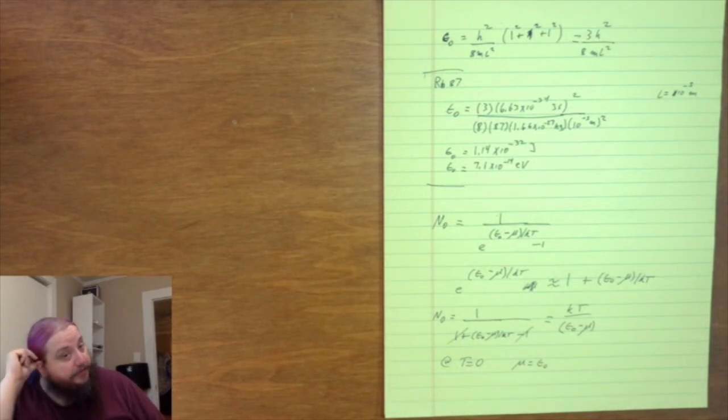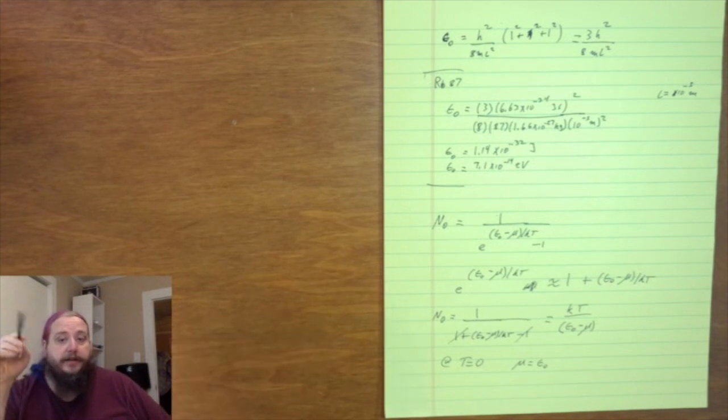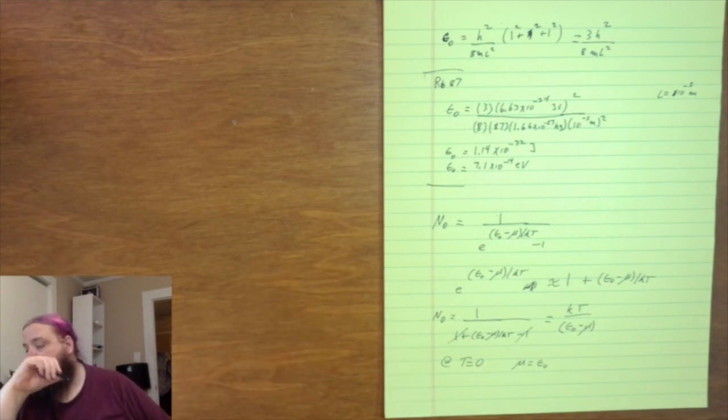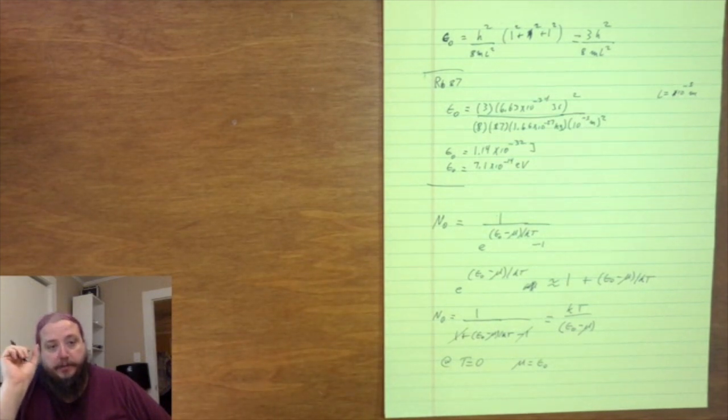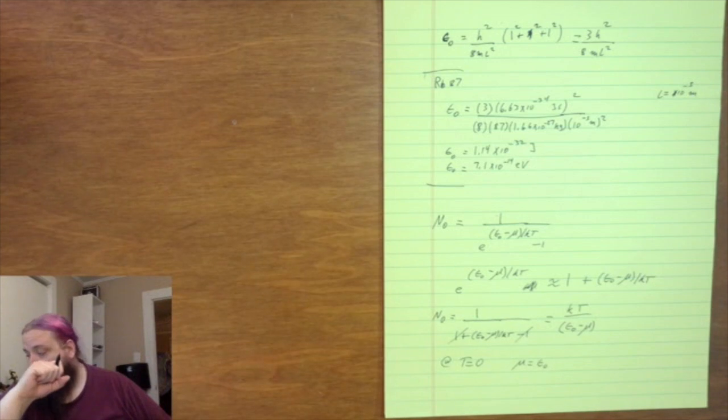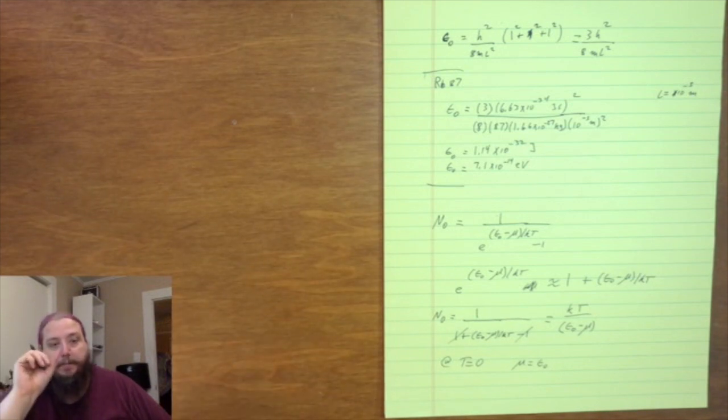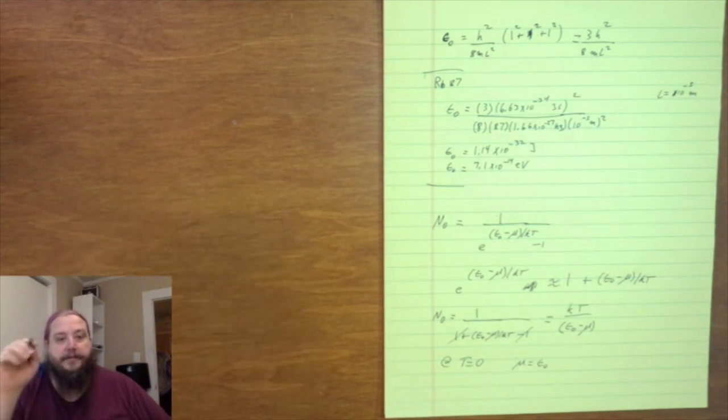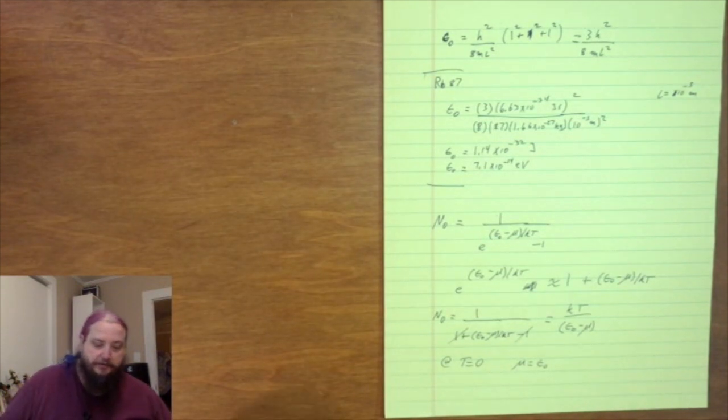So the behavior that must be true is that just above absolute 0, the chemical potential of our Bose-Einstein gas must be just barely less than the energy of the ground state.